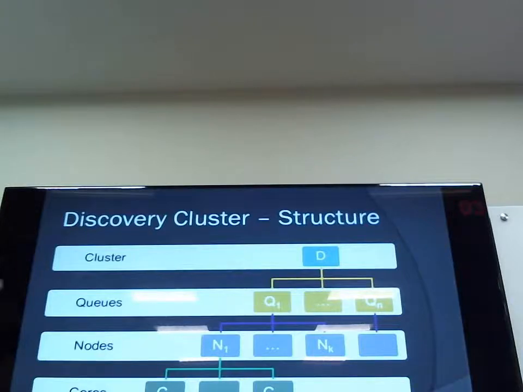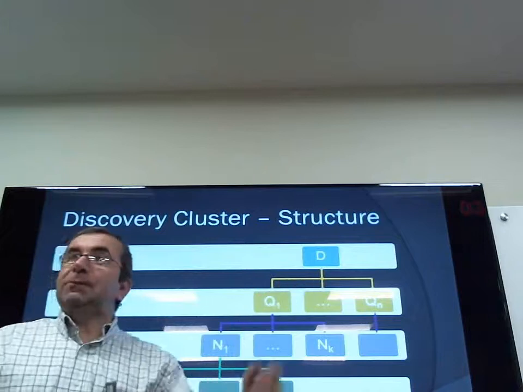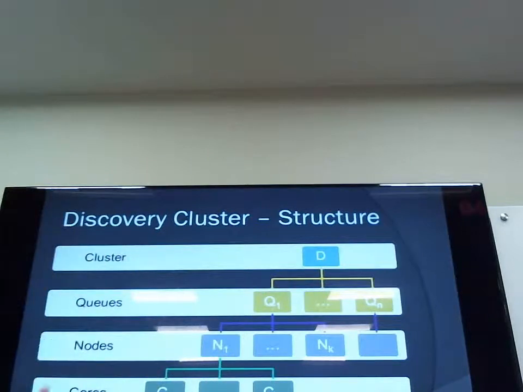All right. So what's in the cluster, or what's a cluster? Okay, a cluster is a collection of queues. Okay, what is a queue? Well, a queue is a collection of nodes. But then what is a node? A node is a collection of processor cores.